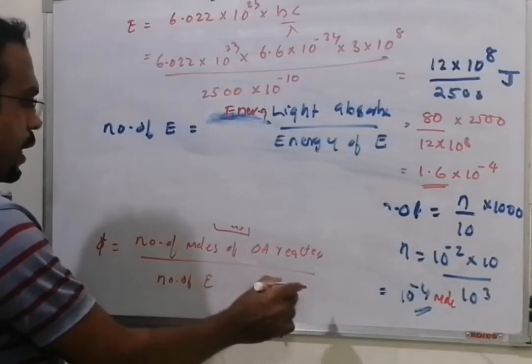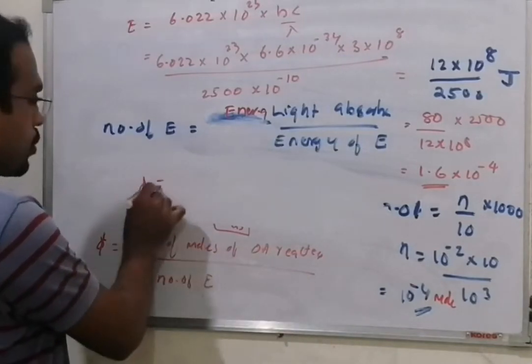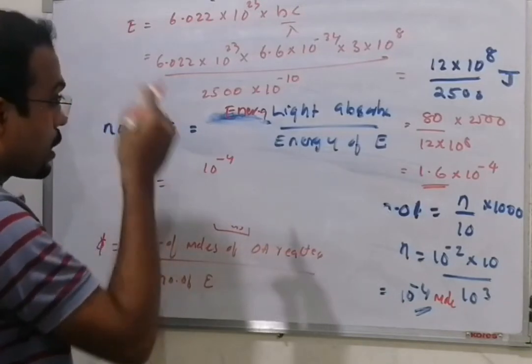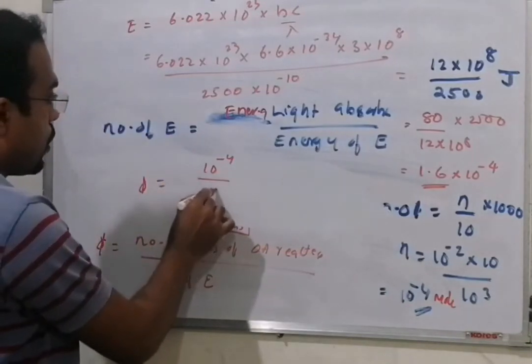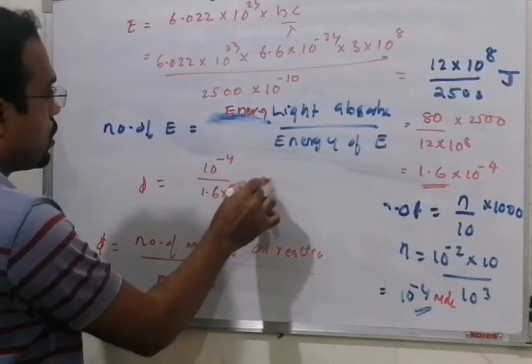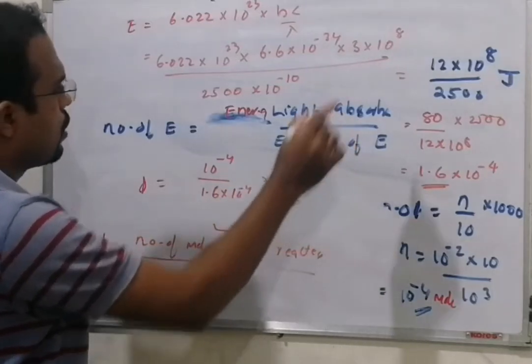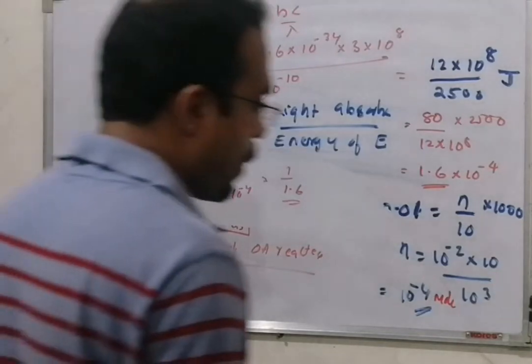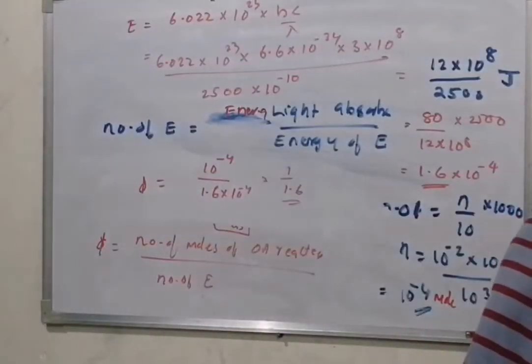Number of moles of reactant is 10 raised to minus 4. Number of Einstein is 1.6 into 10 raised to minus 4. You please do the calculation carefully. This is how you calculate the quantum yield. Okay. Now we can go to the next question.